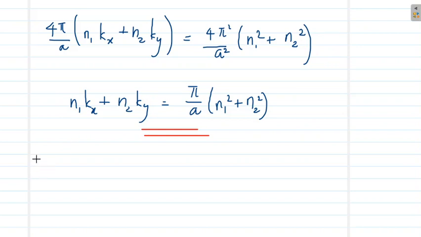The first set of values can be n1 equal to plus or minus 1 and n2 equal to 0. This will give the most basic equation where the Bragg's condition will be satisfied. So, what is the solution? It means simply kx equal to plus or minus pi by a.